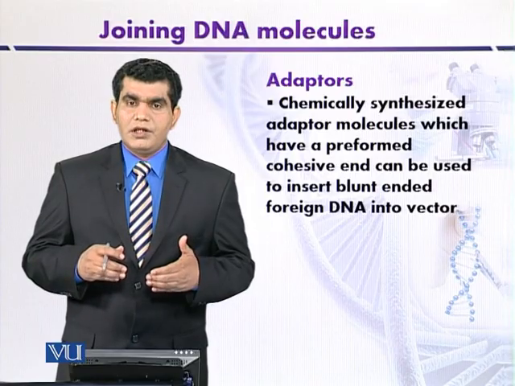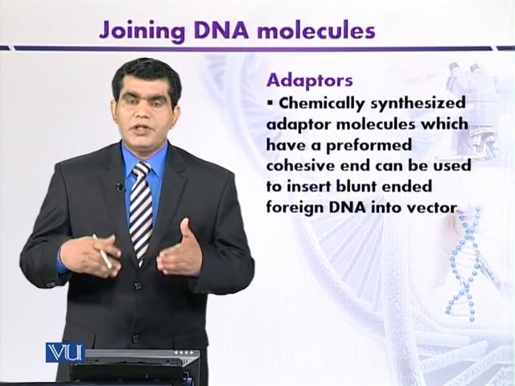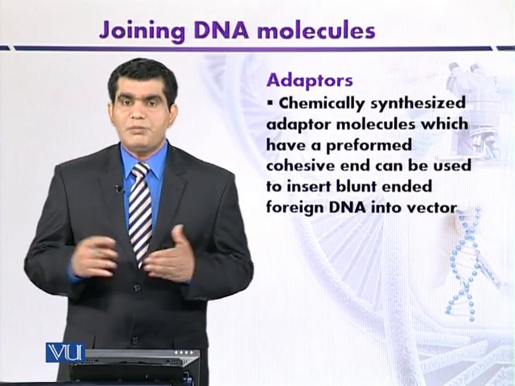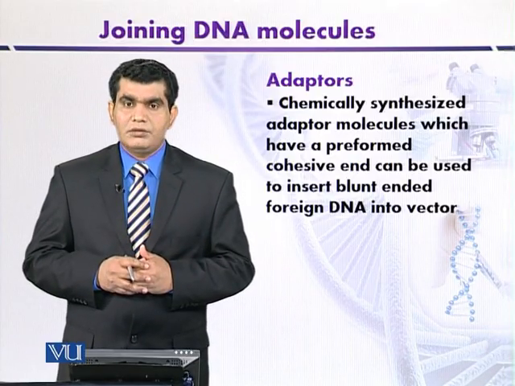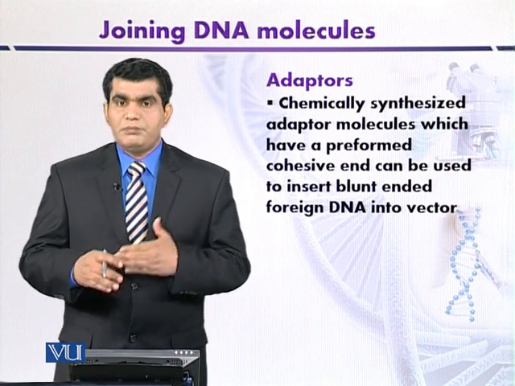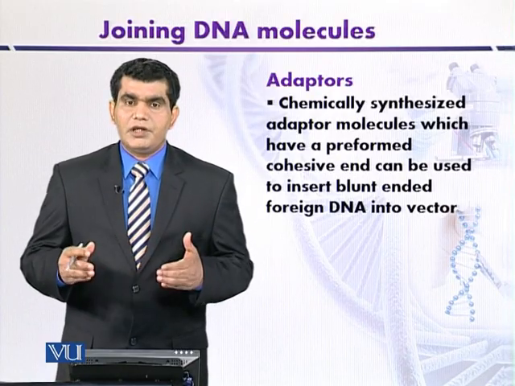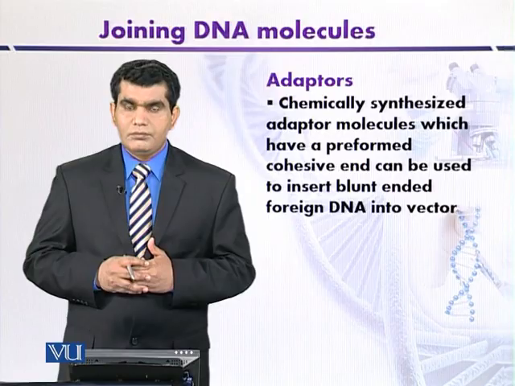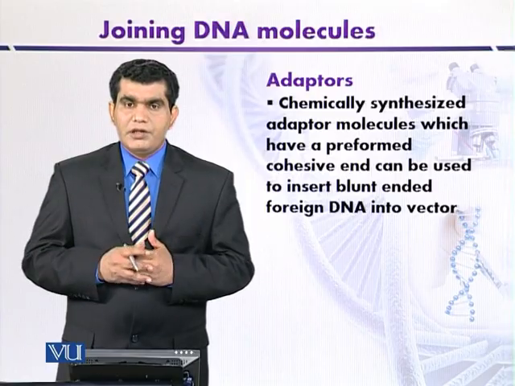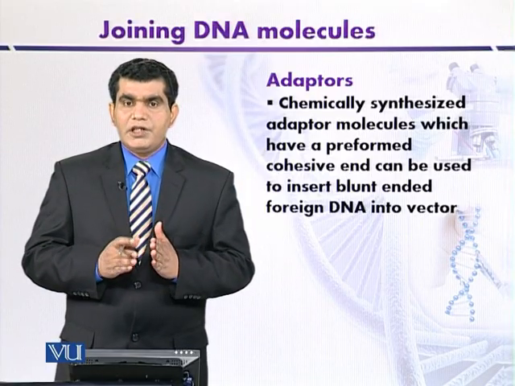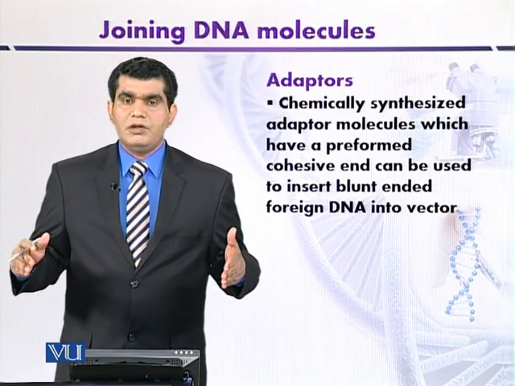The advantage is that when phosphate is not present on the cohesive end, then 2 or 3 or 4 or any number of adapter molecules in a mixture will not be able to ligate with each other. So the removal of phosphate will prevent the ligation, or the self ligation, of the adapter molecules. So we will mix these adapters with foreign DNA. One end in the adapter is blunt and the foreign DNA or the source DNA also has blunt ends.